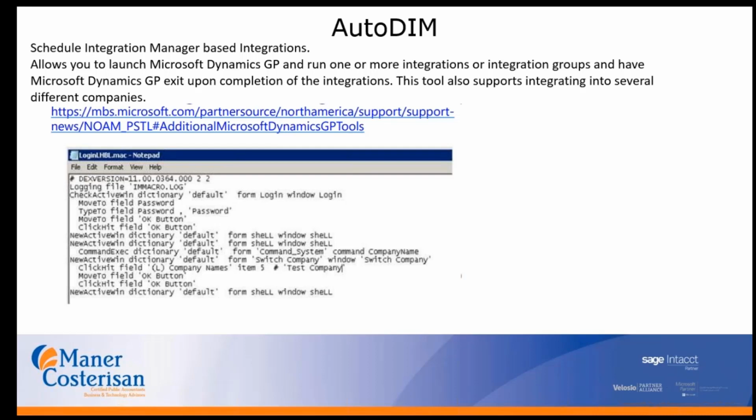Whereas with MainerLink and Smart Connect, you can schedule those integrations at a specific time and then have it automatically done in the background. This tool allows you to do that same function, only it's the downgraded version of Integration Manager, and it's not a nice little screen that has that information.